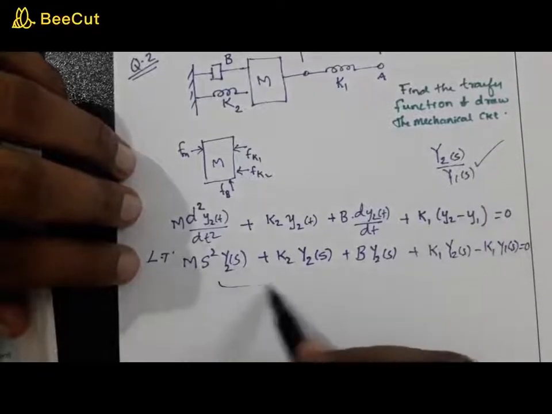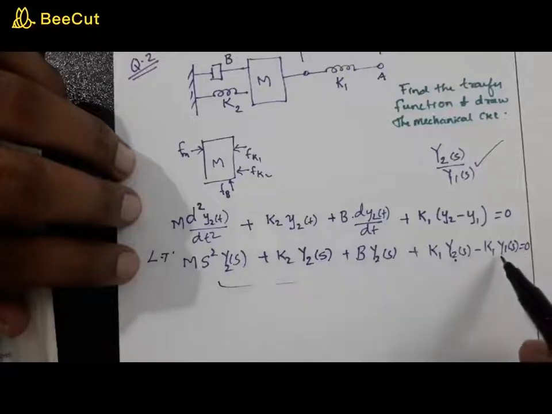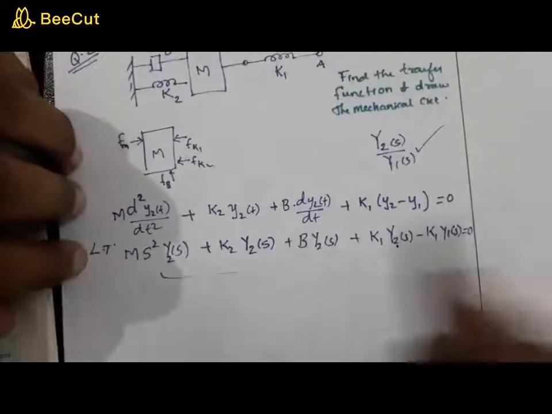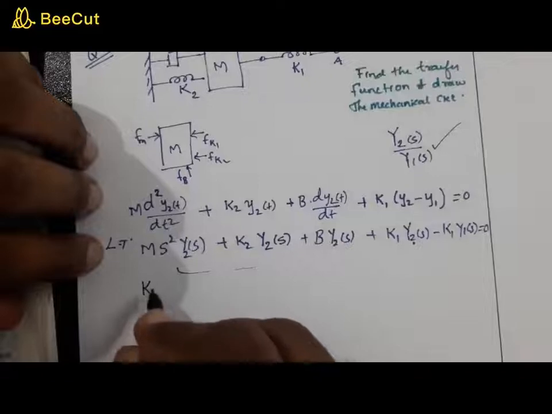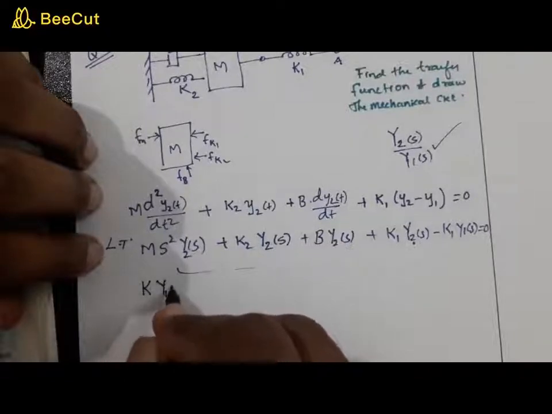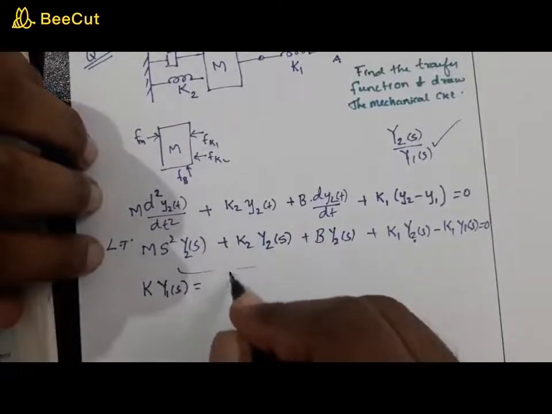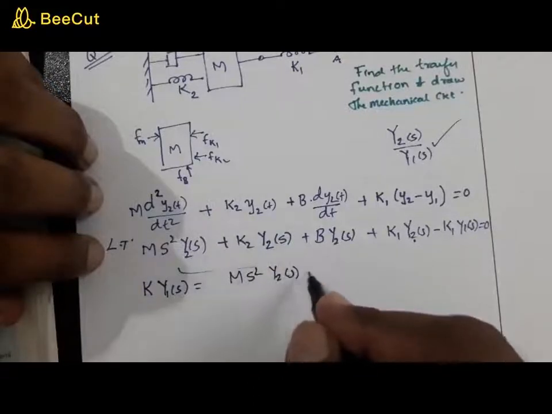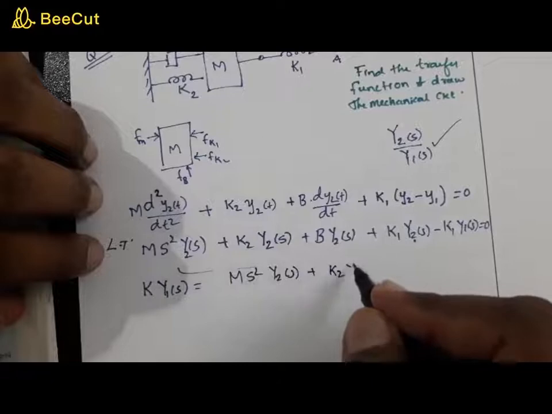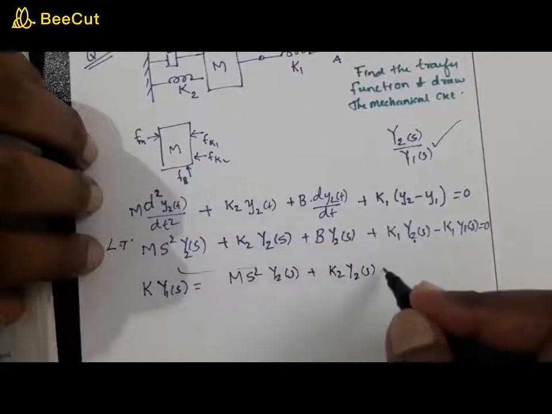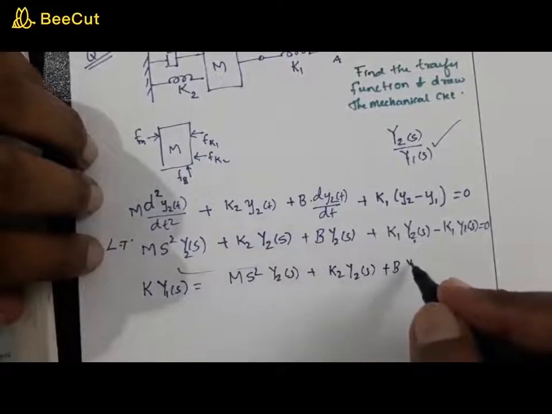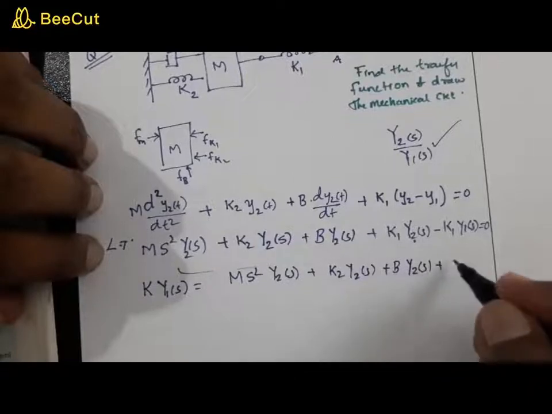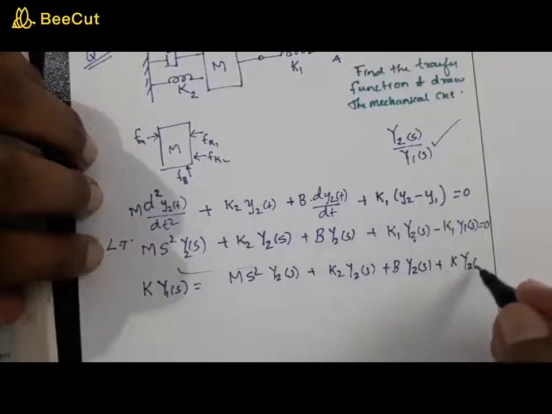Now in all these terms you have y2 and there is only one y1 of s. So you can bring that y1 of s there. So this becomes k1 into y1 of s is equal to ms square into y2 of s plus k2 into y2 of s plus b into s into y2 of s plus k1 into y2 of s, right?